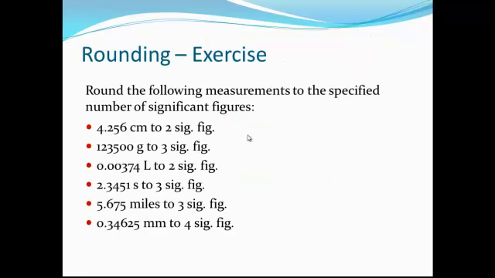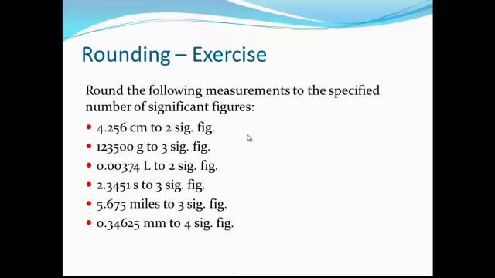Now here comes the exercise side. I want you to pause on this page and take a look at those 6 questions and apply the rules you just learned for how to round significant figures. For every one of those you have a specific number of significant figures to round to.